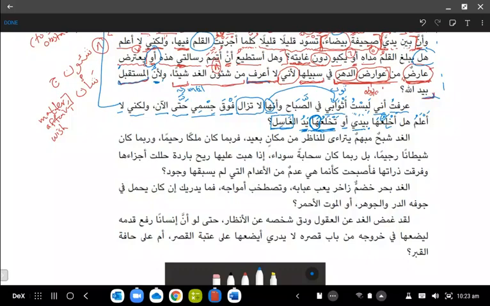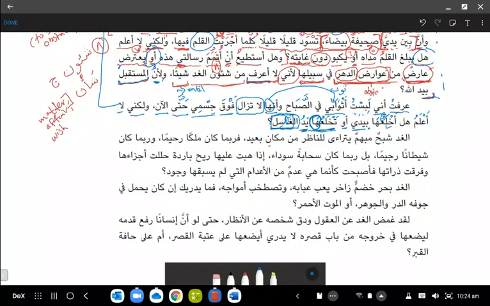Now this pattern, you can never ever get it wrong. Why? Because when you have a long vowel alif, it has to carry a fatha before it. So the letter before the alif will always carry a fatha. And this is the pattern of fa'il, ism fa'il. Right?